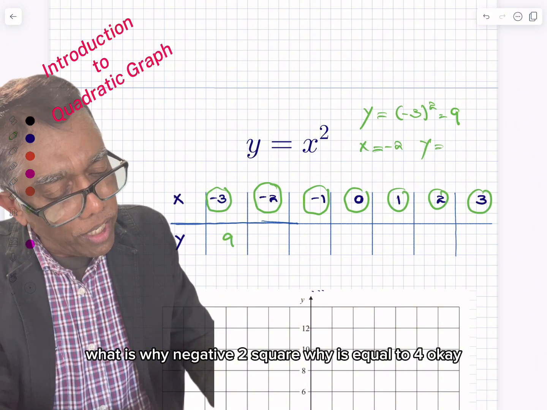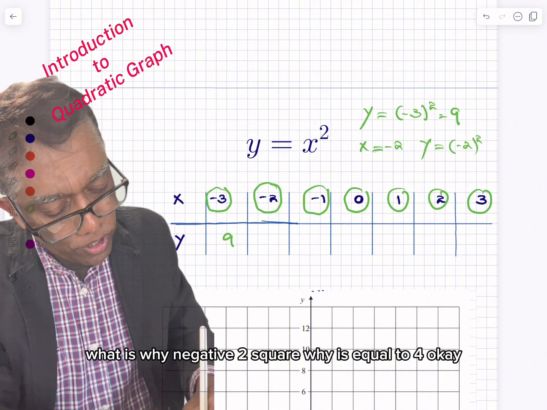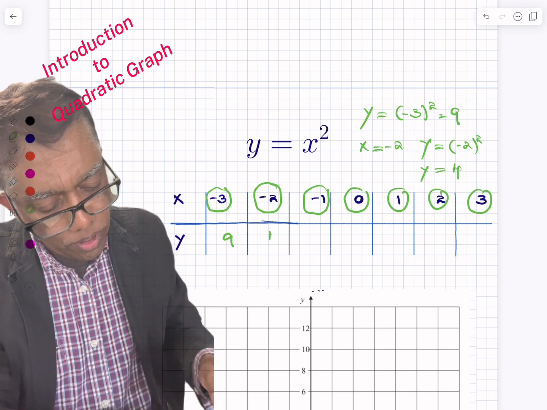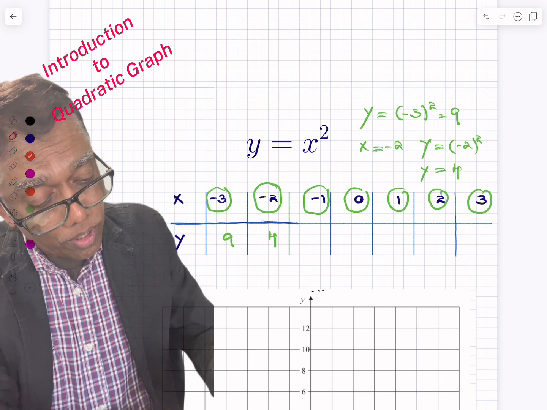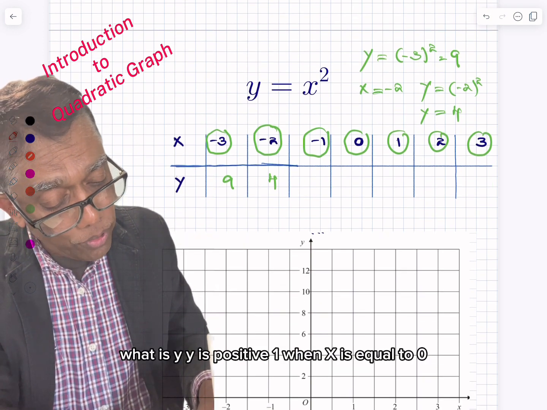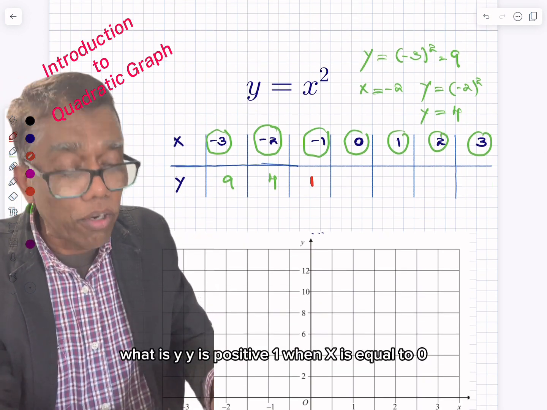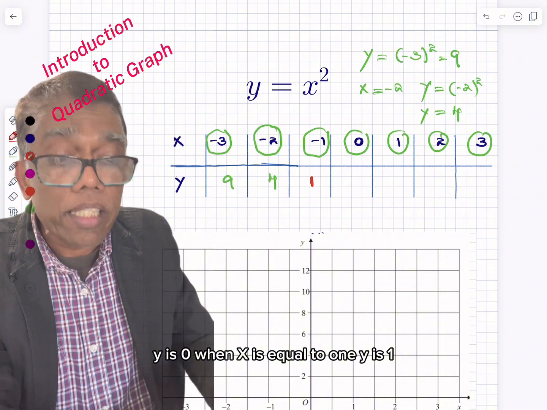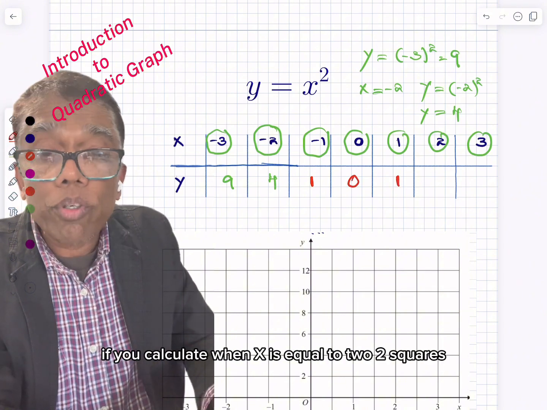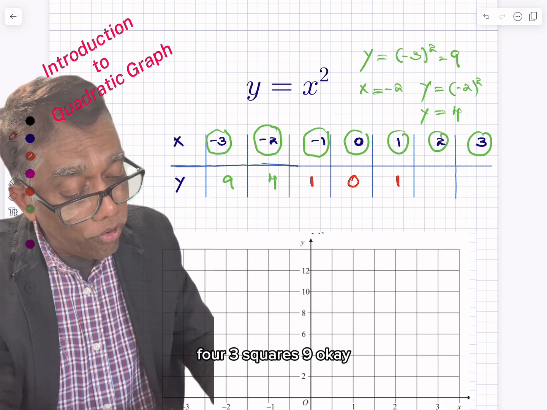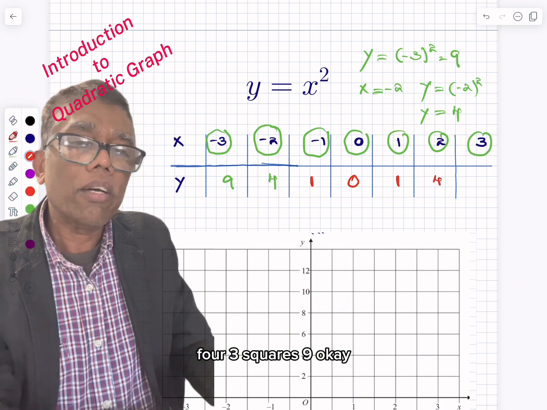Negative 2 whole square, y is equal to 4. When x is equal to negative 1, what is y? Y is positive 1. When x is equal to 0, y is 0. When x is equal to 1, y is 1. When x is equal to 2, the square is 4. 3 square is 9.